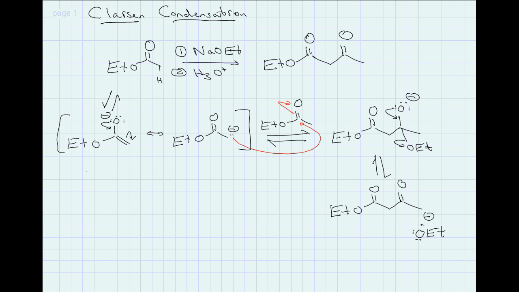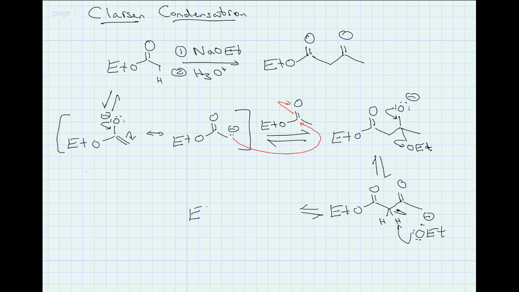So what's actually going to happen is since we have two acidic protons down here, we talked about in the last class that for a species like this, the protons are going to be very acidic, somewhere in the neighborhood of 10, whereas ethanol is going to have a pKa somewhere around 16. So since this is so much more acidic, we're actually going to deprotonate that, and we will reform a doubly stabilized enolate.